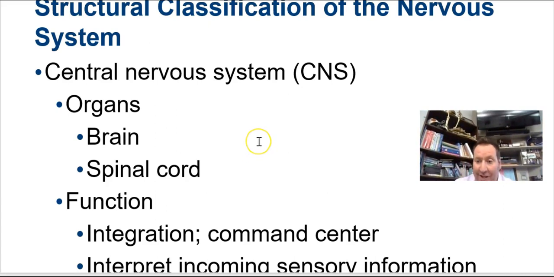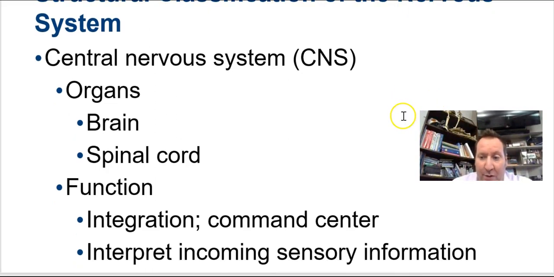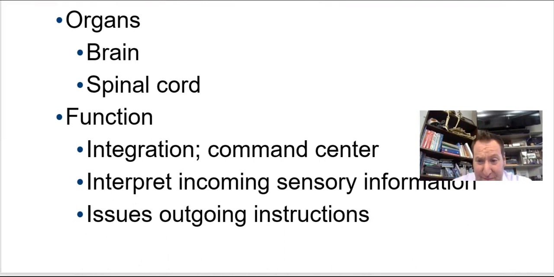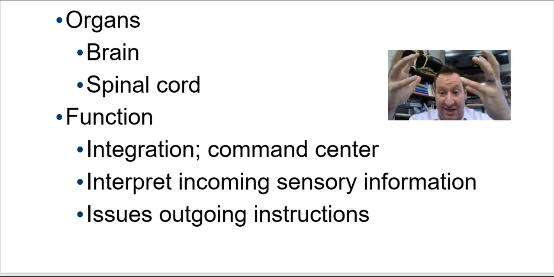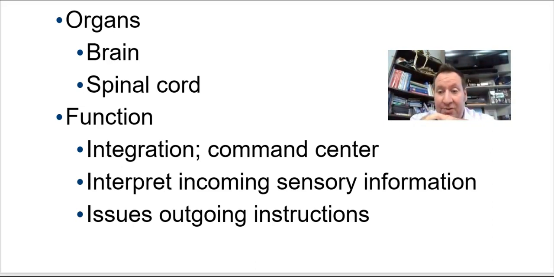It's basically going to interpret the incoming sensory information that it's being bombarded with on a daily basis. And then as a result of that sensory information it takes in, it's going to issue outgoing instructions. So that's the job of the central nervous system: to take in this sensory information, process it, and then issue outgoing instructions.